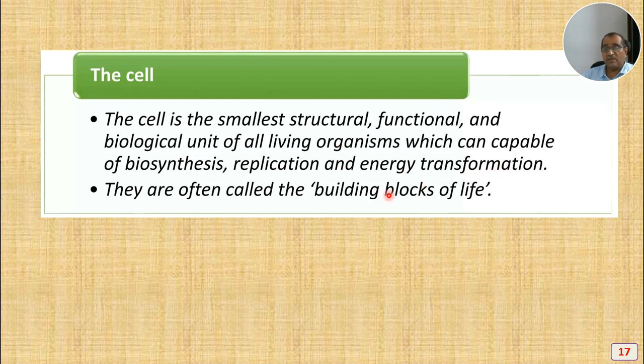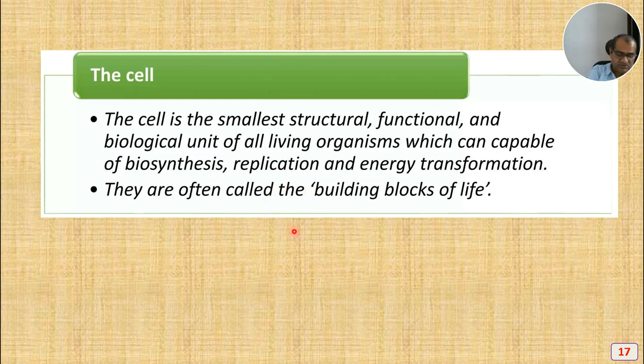And this is capable of biosynthesis, replication, and energy transformation. So any body does contain crores of these cells, and they are the building blocks of life. All the cells are the building blocks of life.